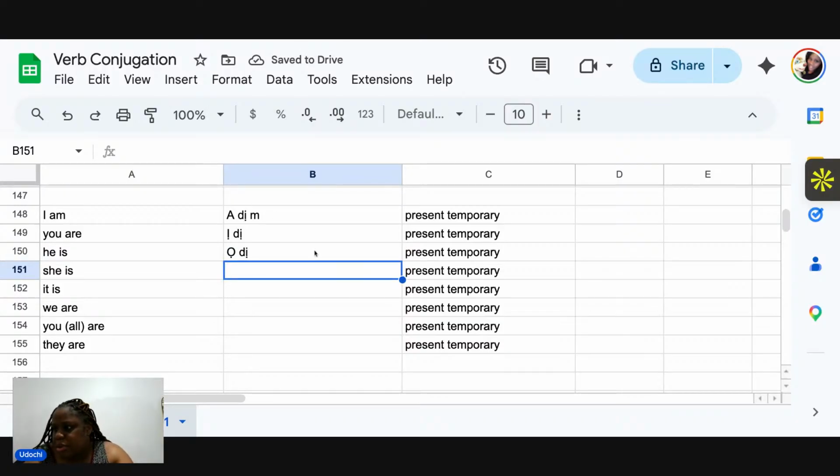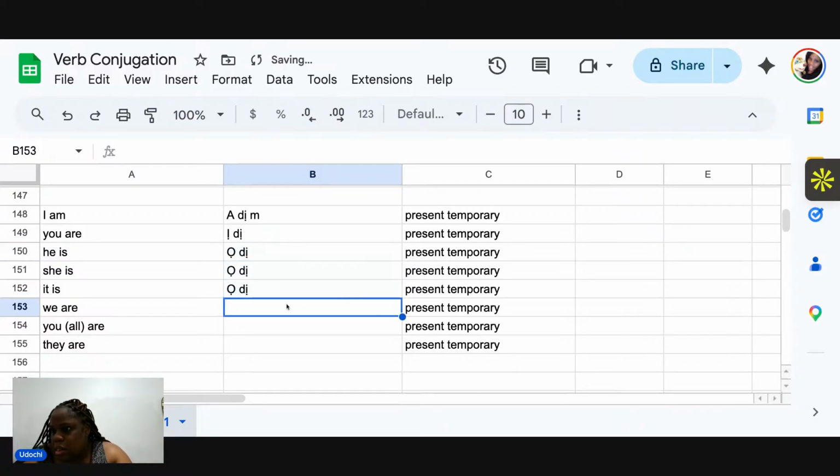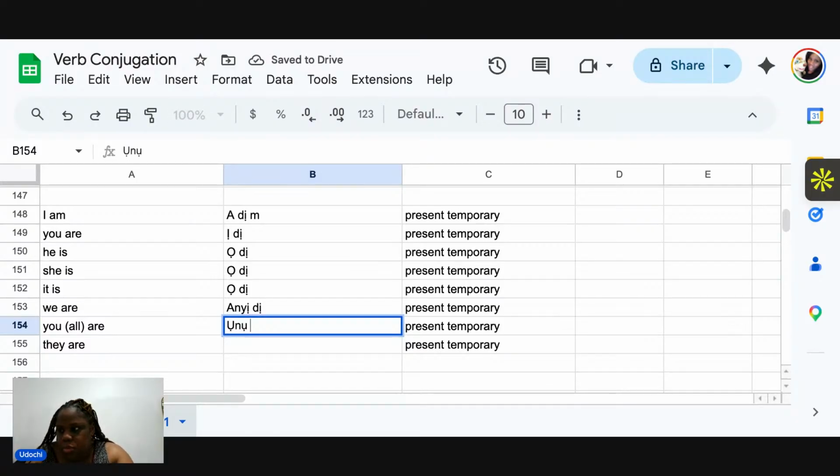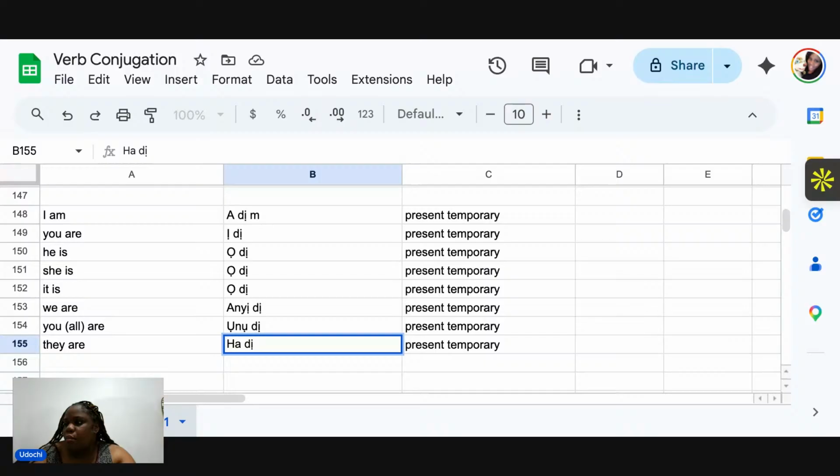And this can be copied. Anyi de, unu de, ha de. All right.